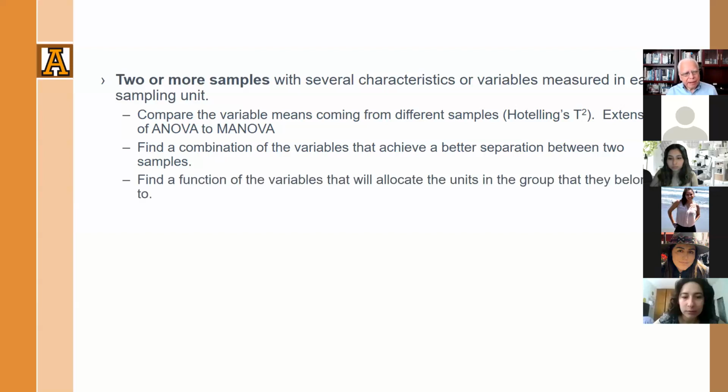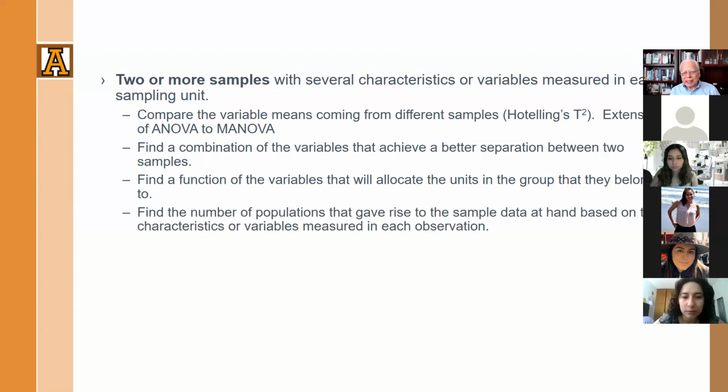We may also want to find a function of the variables that will allocate the units to the group they belong to. That's essentially prediction, or classification. There's a very thin line between prediction and classification. The models are the same. The model that I use for classification is the model that I use for prediction.